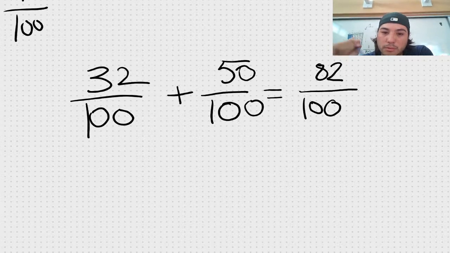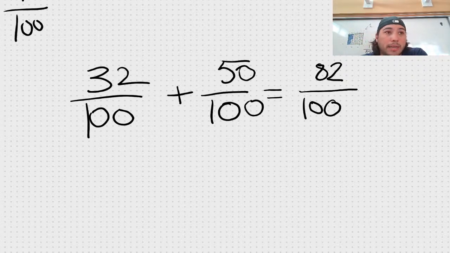82 hundredths. Okay. Now this fraction can be reduced because you can divide both of these by 2, but we're going to leave it as is. We're actually going to leave all of our work as tenths or hundredths today, just because I want to get us into the habit of thinking in tenths and thinking in hundredths.